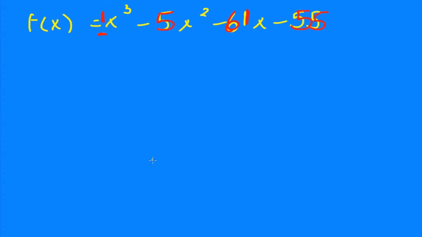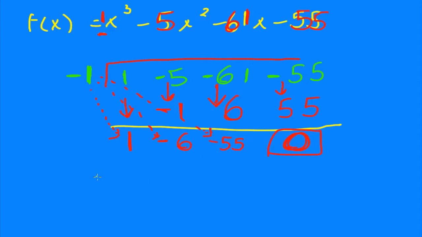So f of x. How we factor is, we put our factor, the x plus 1 factor, over here, and then we're going to use the numbers that we got on our synthetic division. Okay, here's our synthetic division. So you're going to factor with these numbers you got here at the bottom.